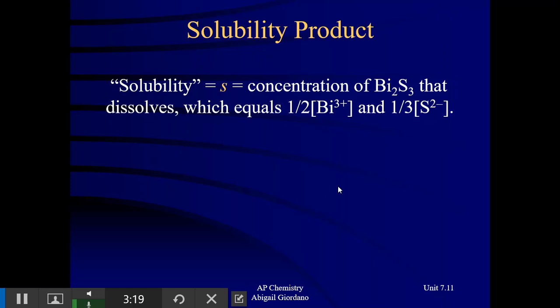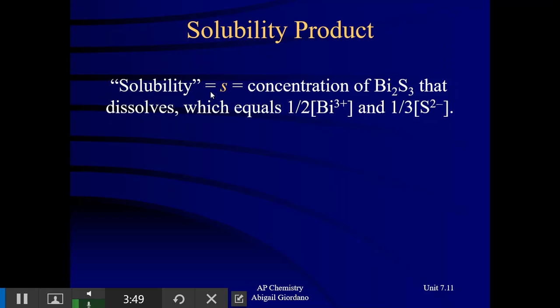And we're going to set these problems up very similar to the way that we were doing before with those ice tables, except instead of using the variable x, we're going to use the variable s. They represent the same thing, but it just helps us distinguish that this is a KSP problem. This isn't a typical ordinary equilibrium problem, but they represent the same thing.